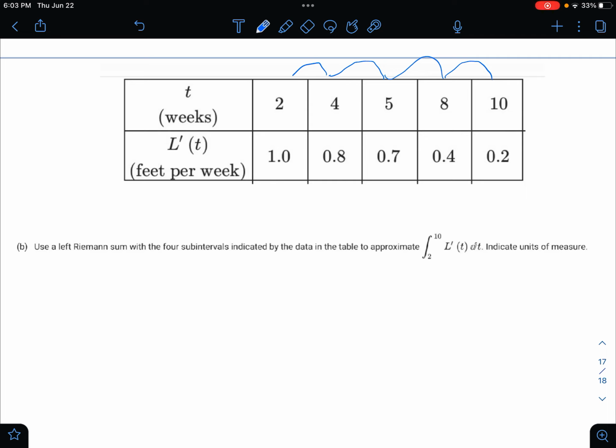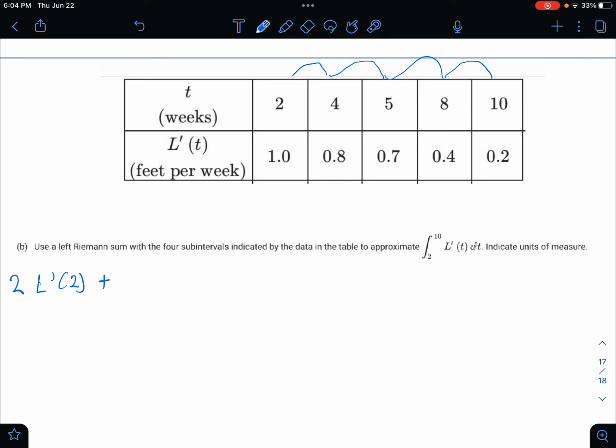In the first subinterval, between 2 to 4, the difference is 2. So we write 2 times, in this case, L prime of 2.